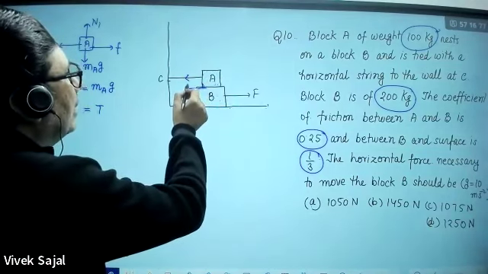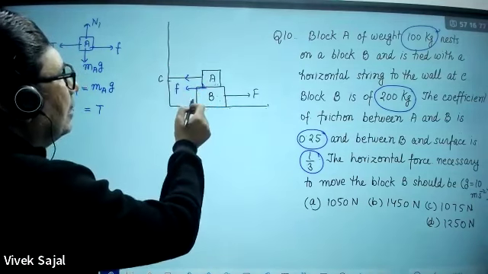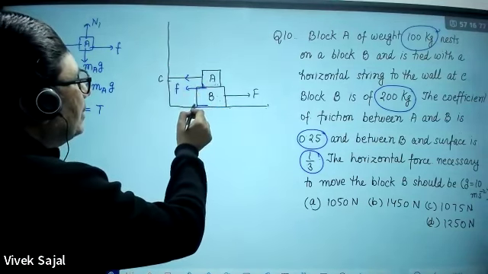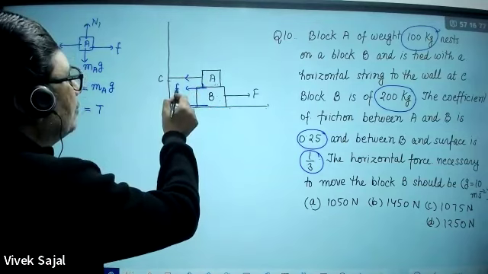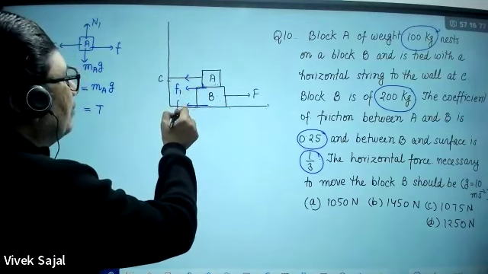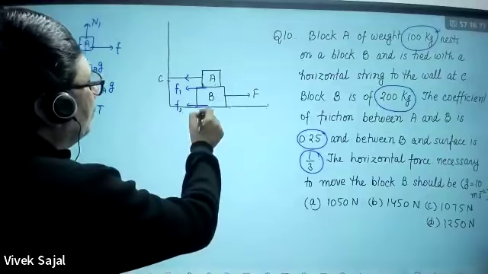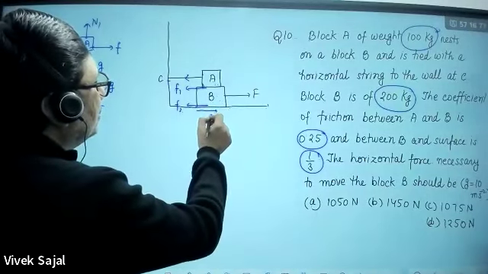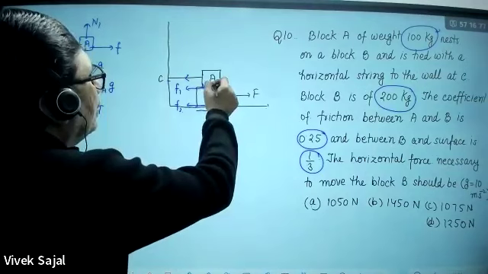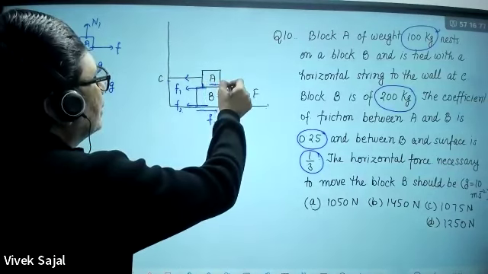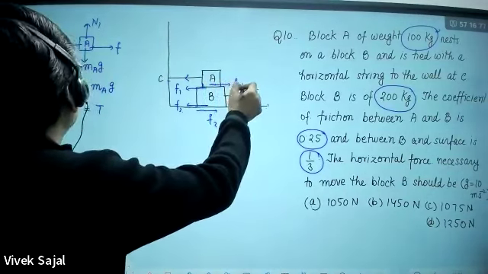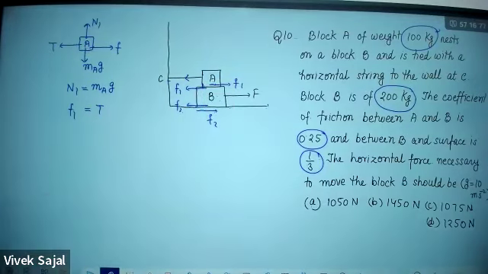So on this, a friction force will act. And on the lower surface, it will act here. This you can say F1. This will be F2 here. ठीक है? On the earth, F2 is going to act over here. And on this block, in this direction, force F1, you can call it.